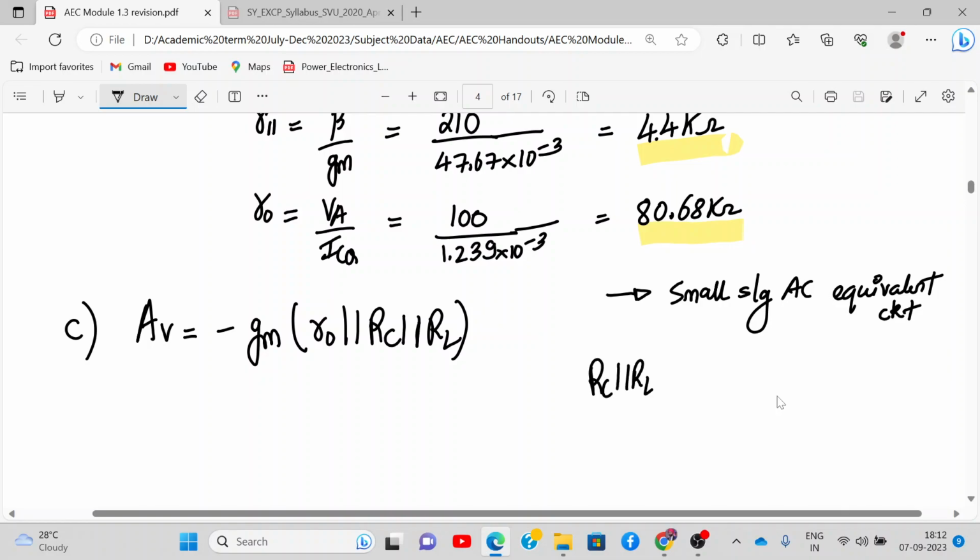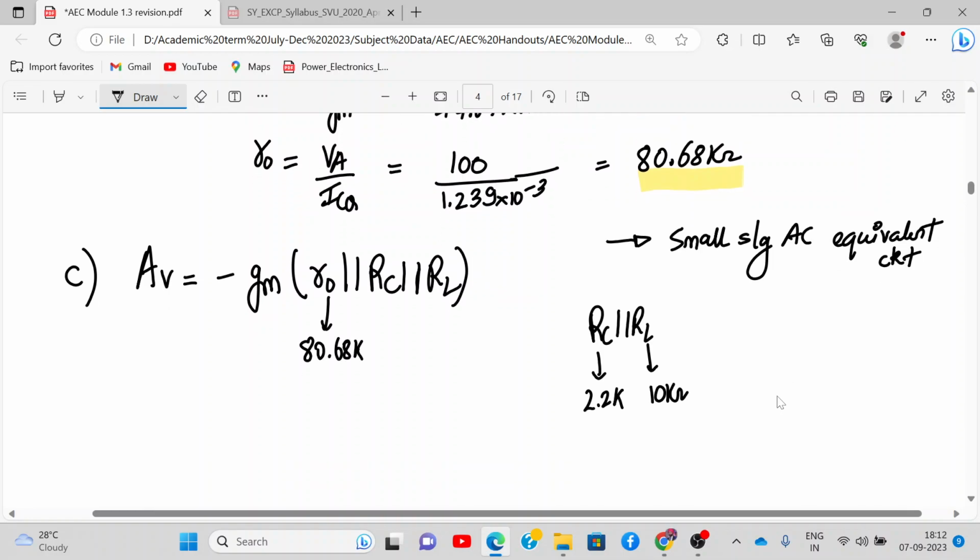Calculate RC parallel to RL first. How much is that? This is 2.2k parallel to 10k, and then it is parallel to 80.68k. So can you tell me, how much is 2.2 parallel to 10 kilo ohm?